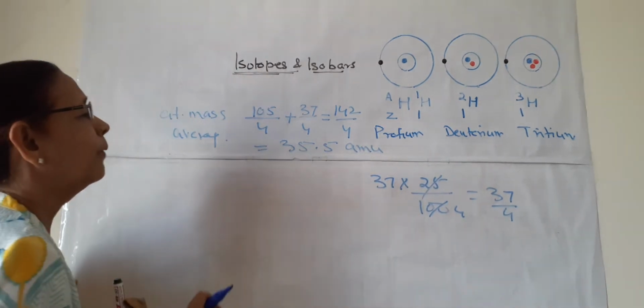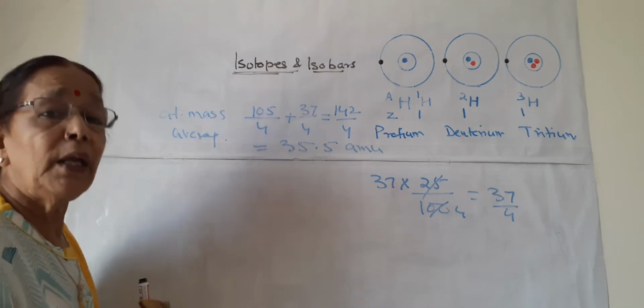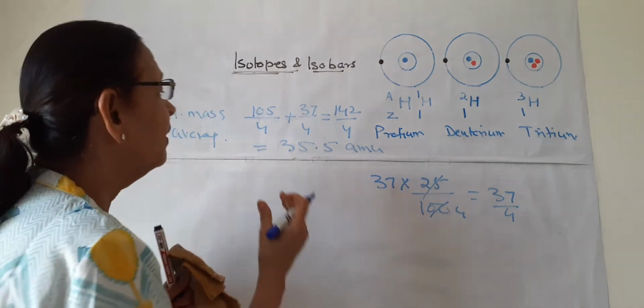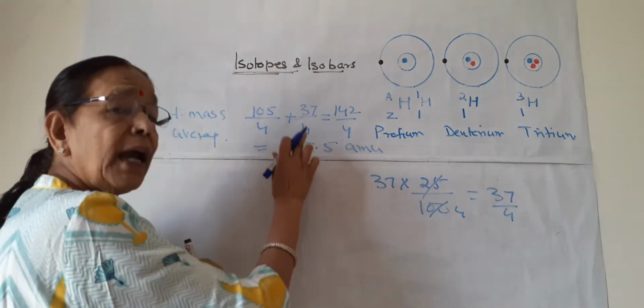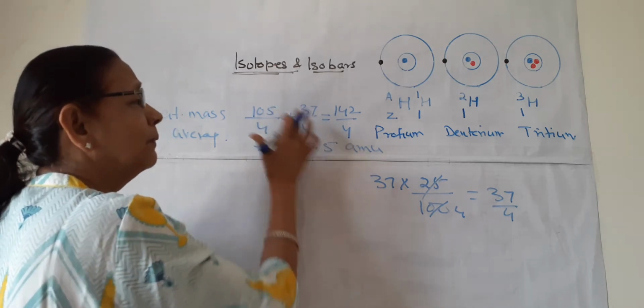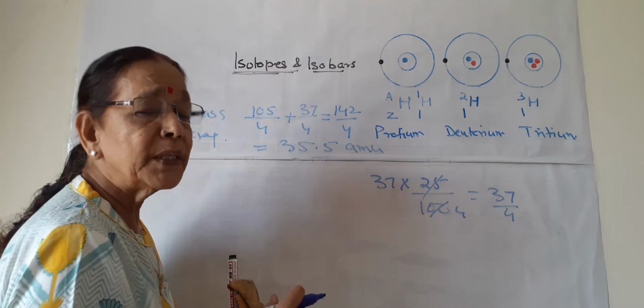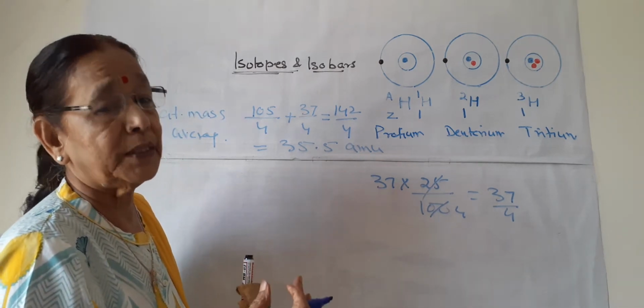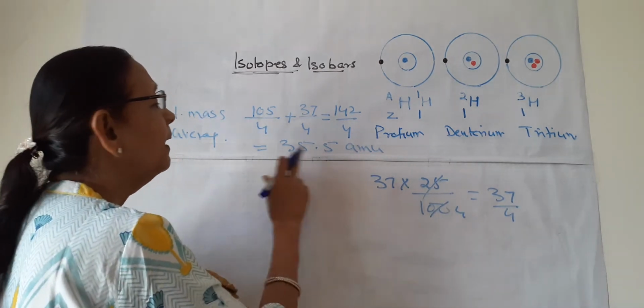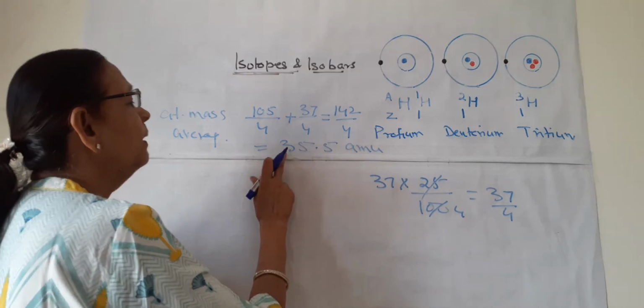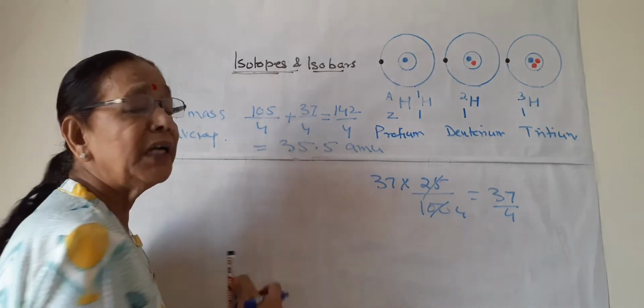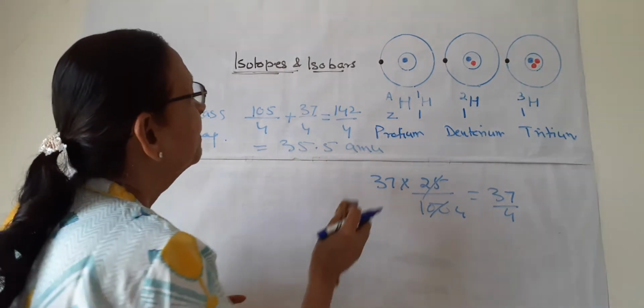So this is the atomic mass of chlorine we take in general, because this is the average of the atoms which are found in nature in 75% and 25%. So that's why we take 35.5 AMU as the atomic mass for chlorine.